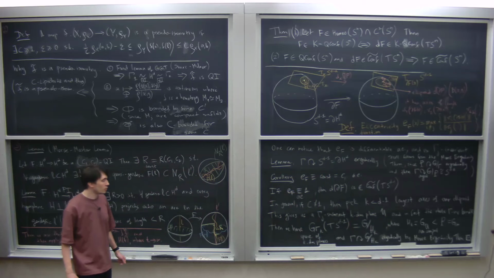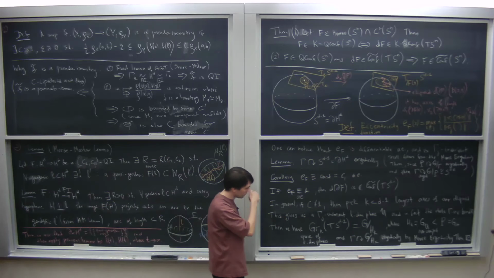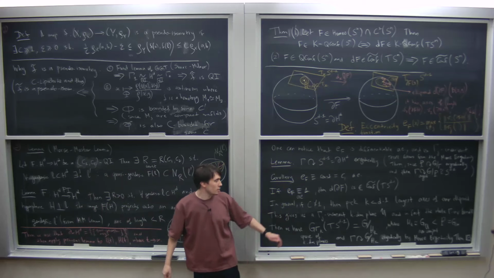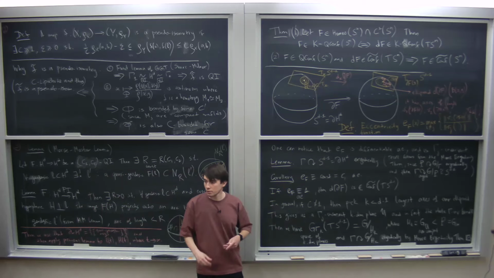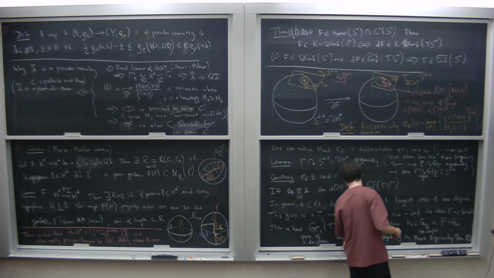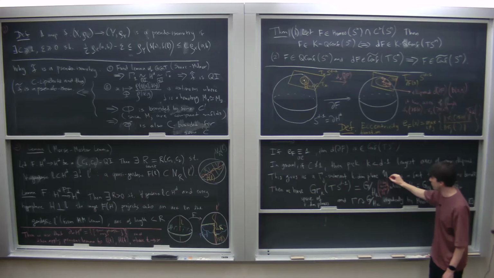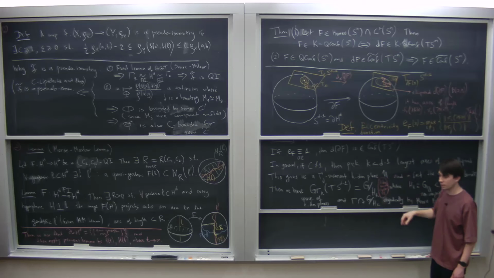Yes, take the Grassmannian fiberwise, so it's going to be a fiber bundle over the same base. Yes, it's going to be a fiber bundle over U.